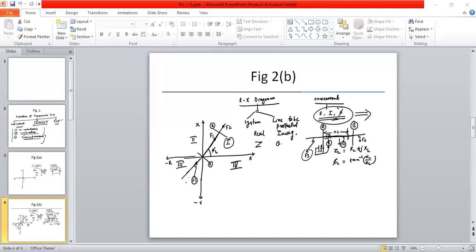If the primary relay fails, then the third zone operates and provides protection. This indicates the delay in the third zone, which is roughly around 1.2 to 1.5 seconds.